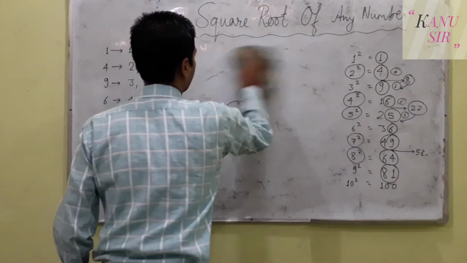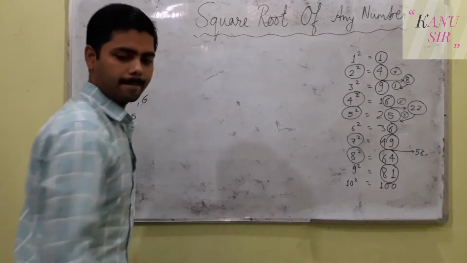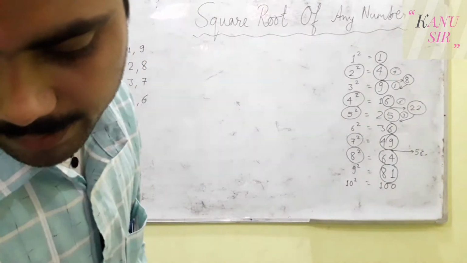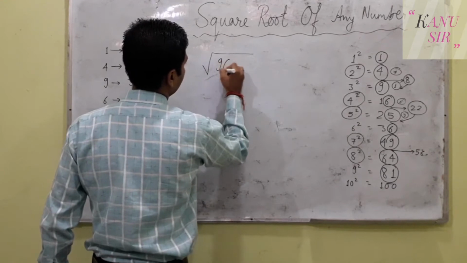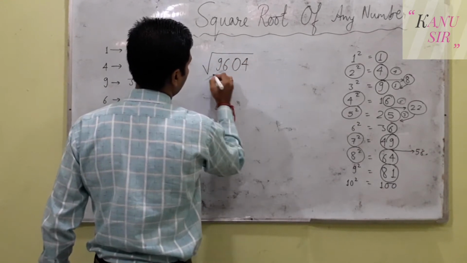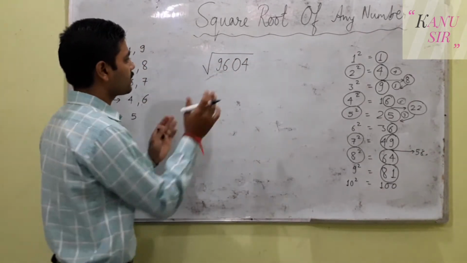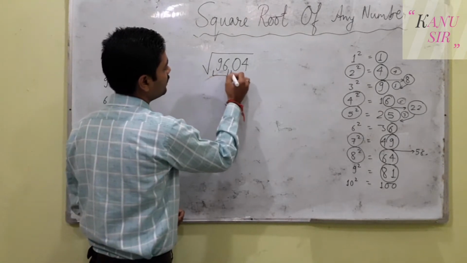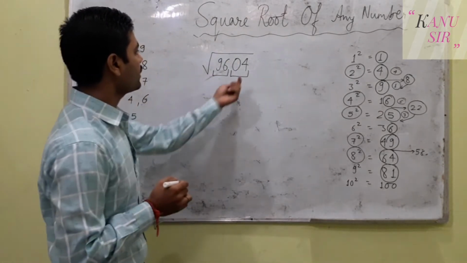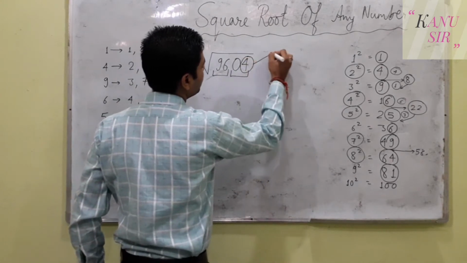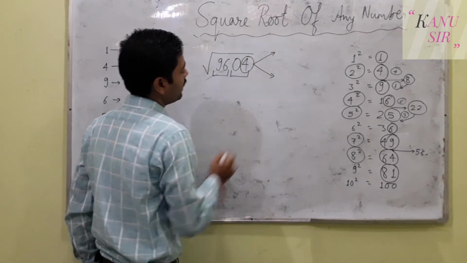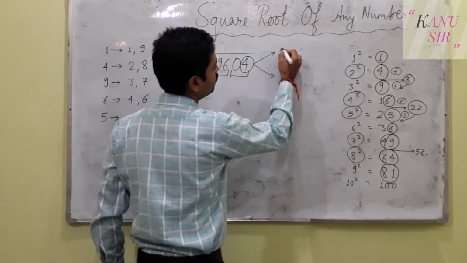Let us take one more example, that is 9604. The same process. Let's break the digits into two parts, and the first part contains 4 in the ones place, and hence 4 is the square of 2.